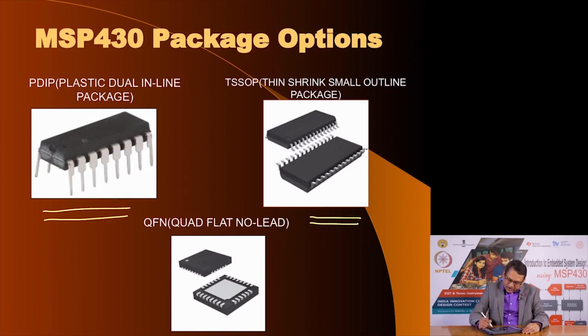The TSOP, if you notice, has pins on 2 sides just like DIP, but when you have a quad flat pack, there you get pins on all 4 sides. So, this leads to an even smaller package size, because then you are utilizing all the sides of the IC. So, the MSP430 microcontroller is available in so much variety.